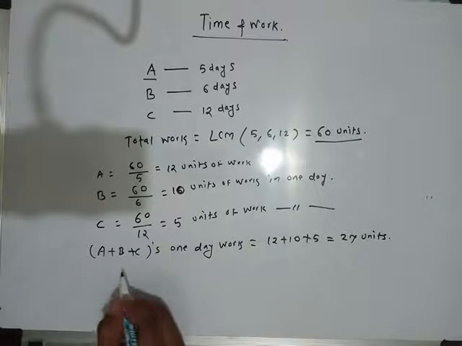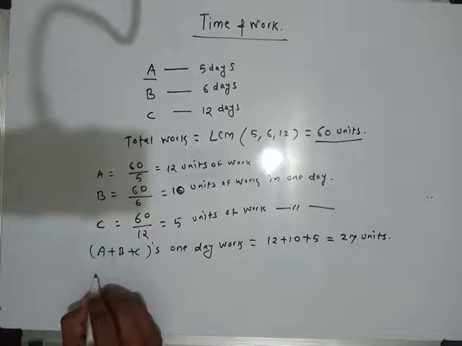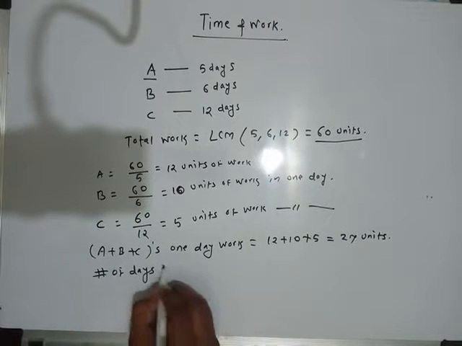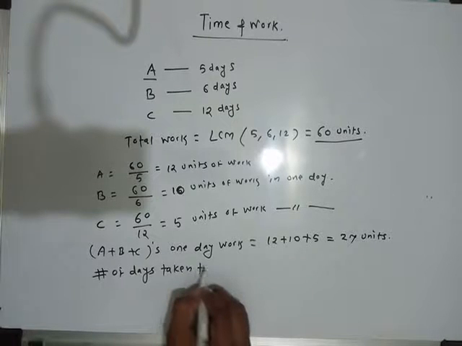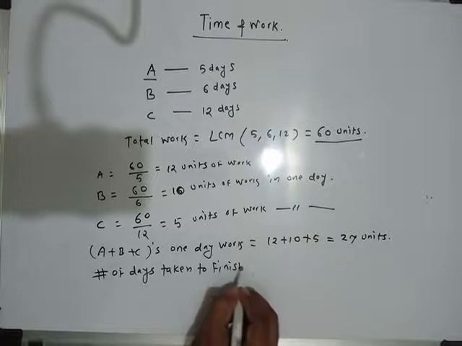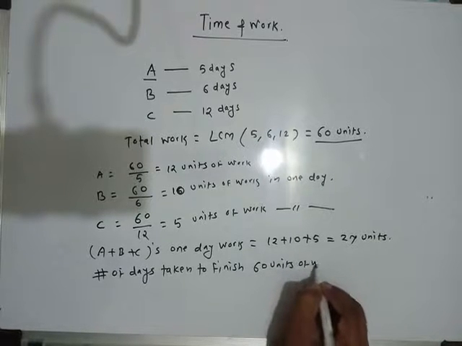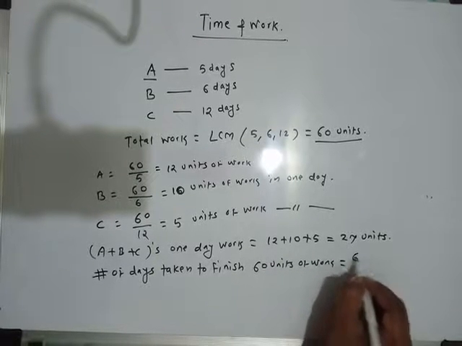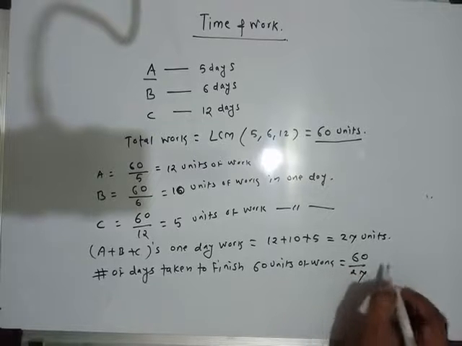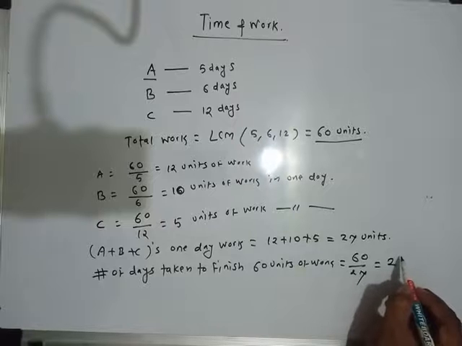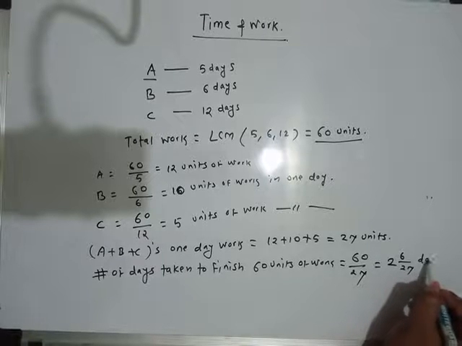So the number of days taken by A plus B plus C to finish 60 units of work is equal to 60 by 27, which is 2 days and the remaining 6, so 2 6 by 27 days.